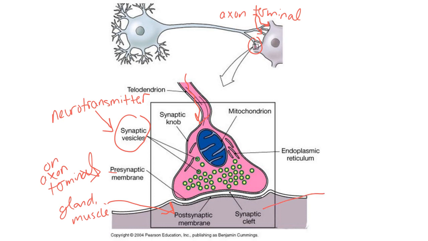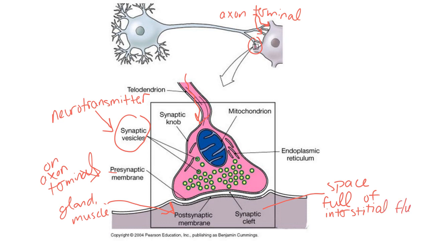The synaptic cleft is the little space between the axon terminal and the muscle, gland, or nerve cell on the other side. It is going to be full of fluid, not water, but interstitial fluid. Those neurotransmitters need to be able to float across the interstitial fluid there.